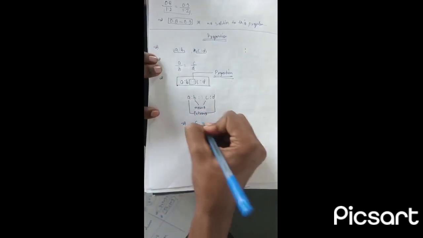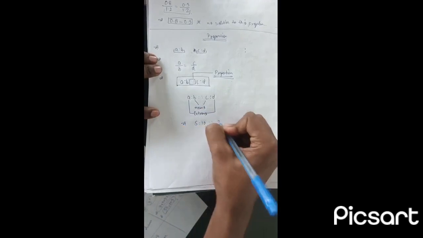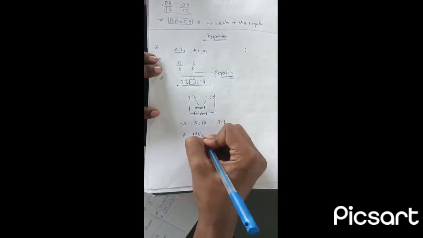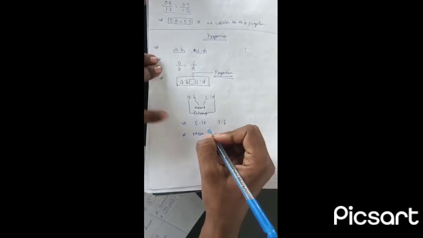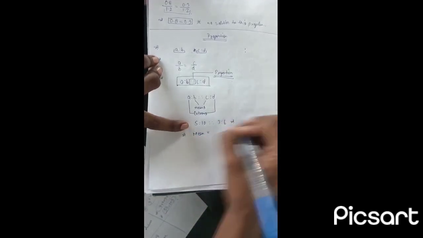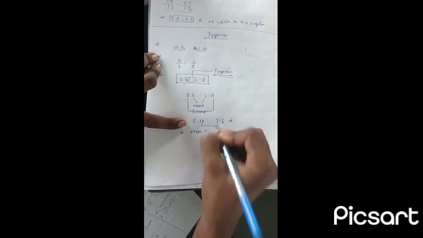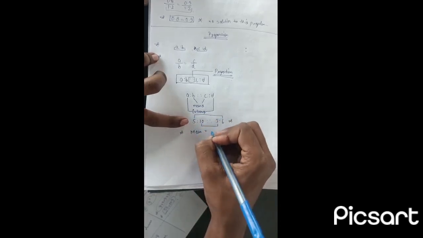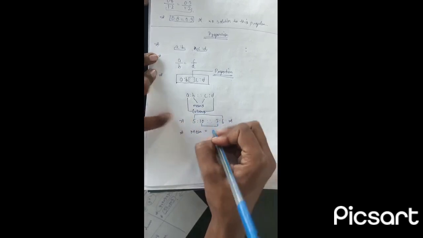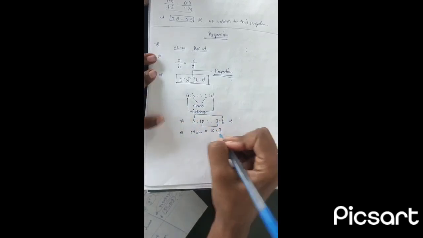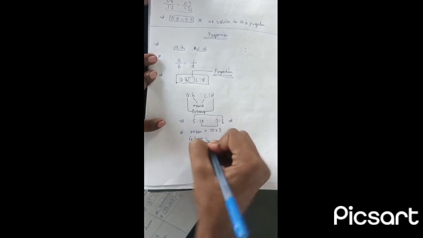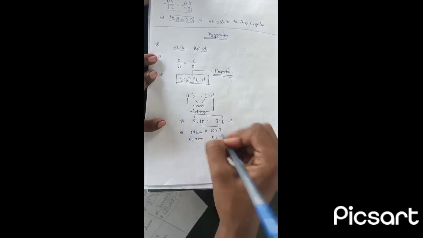For example, take 5 is to 10 proportion 3 is to 6. From here we have to find the means. The means will be 10 into 3 and the extremes will be 5 into 6.